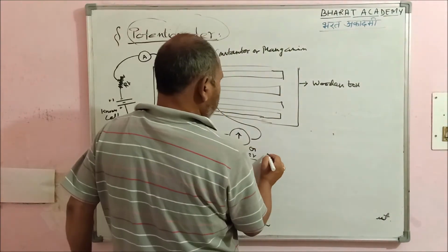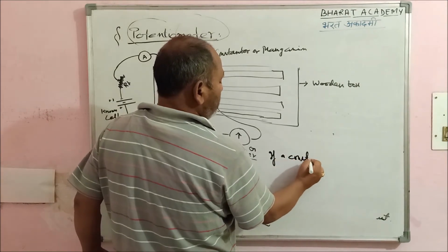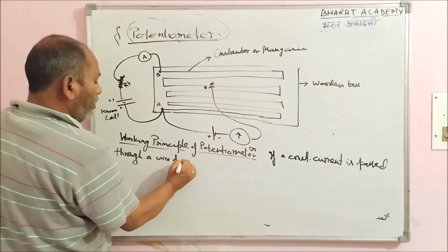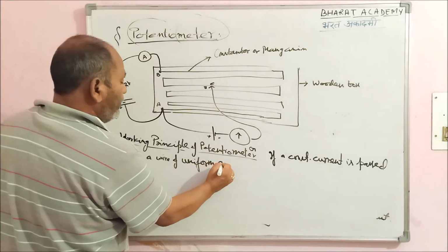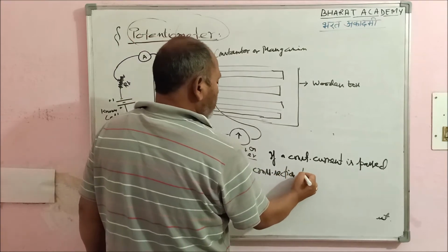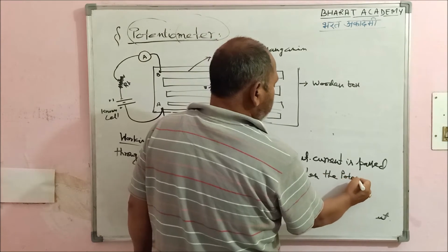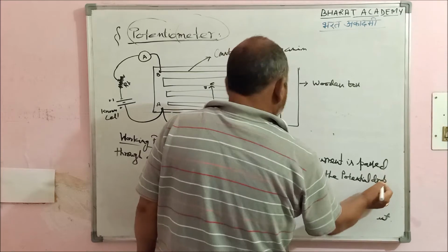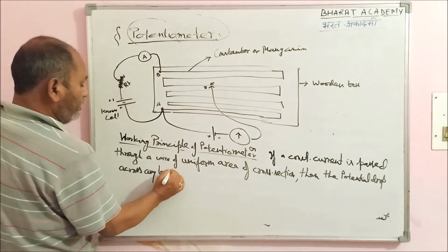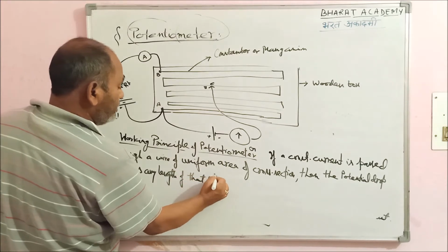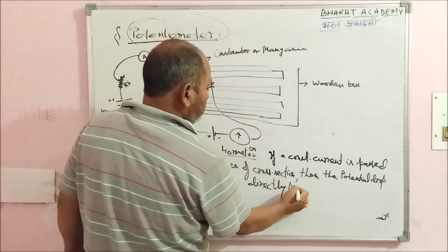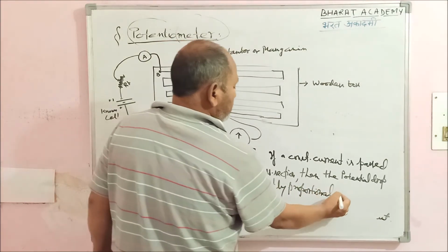What this principle says is that if constant current is passed through a wire of uniform area of cross section, then the potential drop across any length of that wire is directly proportional to that length.